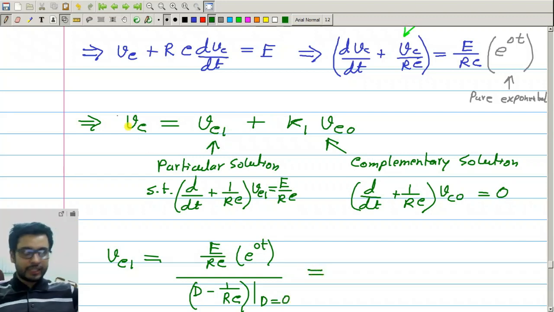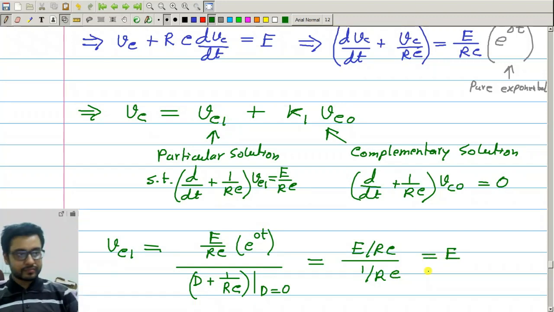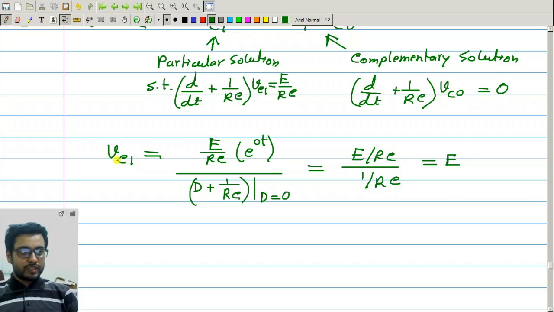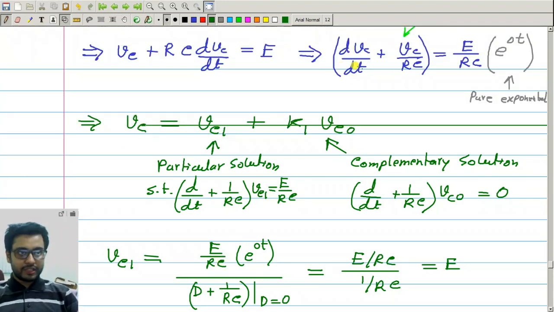So that will give us E by RC divided by 0 plus 1 by RC. So this becomes E. So this is Vc1, the particular solution.